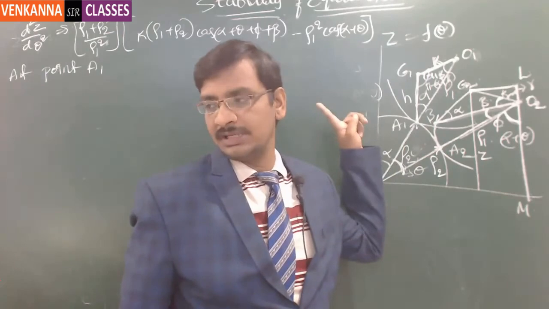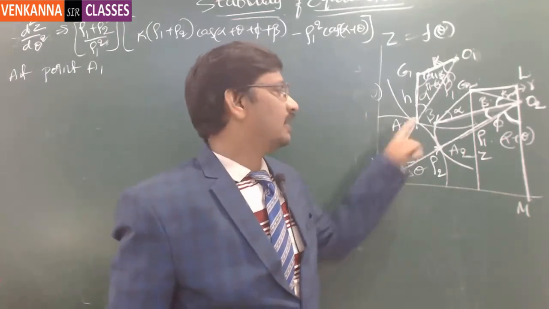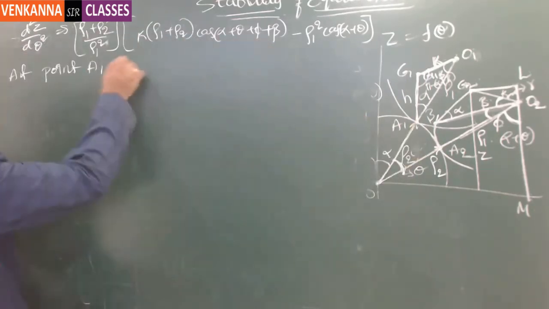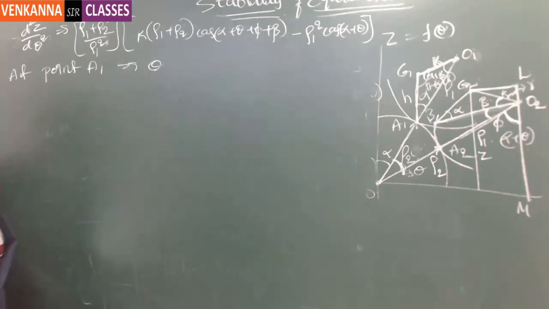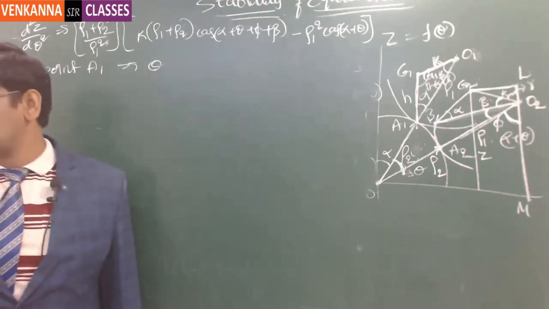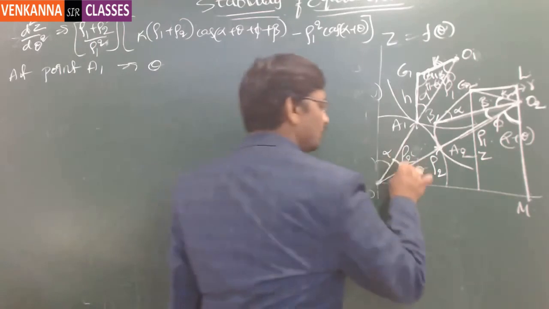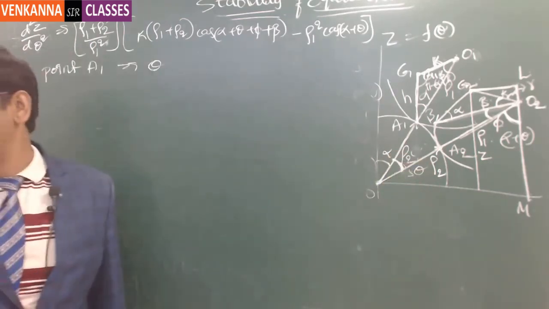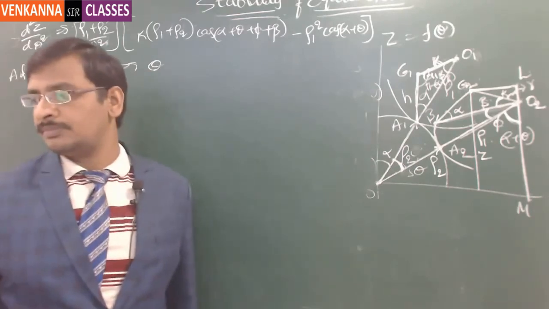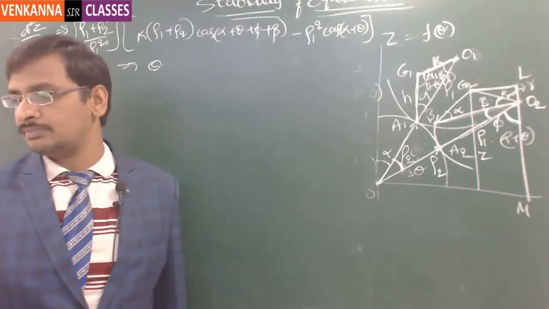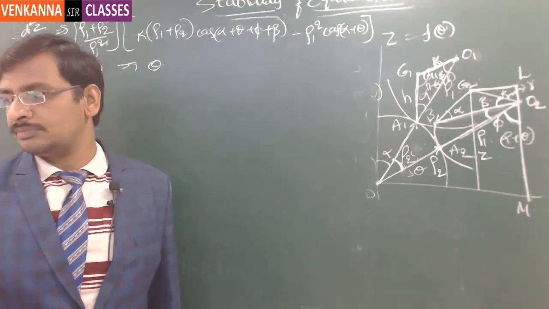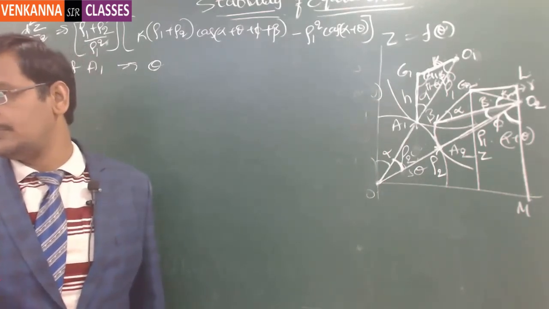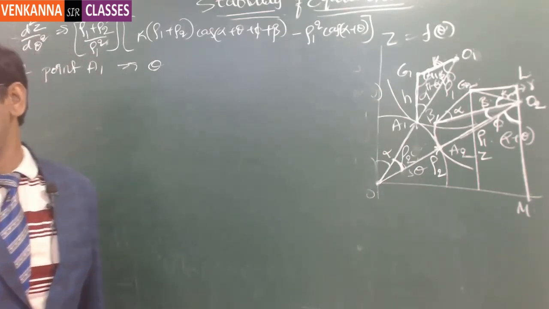Now initial condition is nothing but at point A1, what is the value of theta? Theta is the angle between the initial position and the moved position. What is the angle?